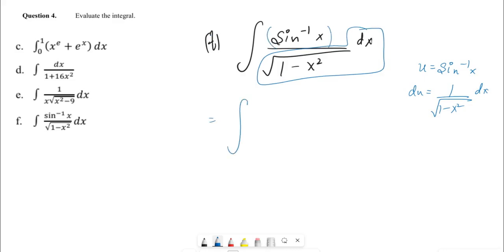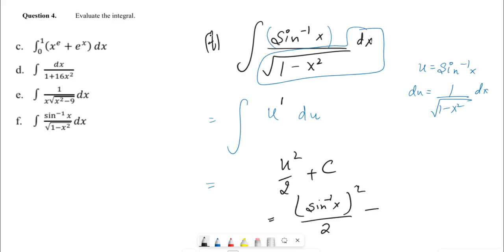Sine inverse of x is u and dx by that is du. Here u's power is just 1, so the integral is u squared by 2 plus c. U is sine inverse of x, so it's sine inverse of x whole squared by 2 plus c. This is your answer to the last integral.